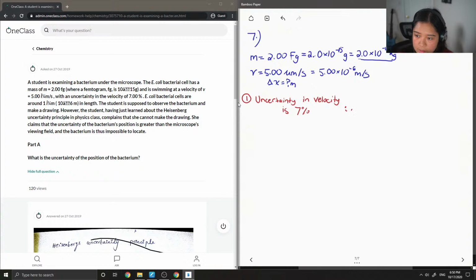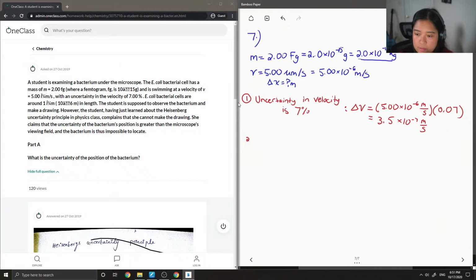So from there, I'll make it delta v is equal to our velocity times 7%, so 0.07. So our uncertainty in velocity is now 3.5 times 10 to the negative 7 meters per second.